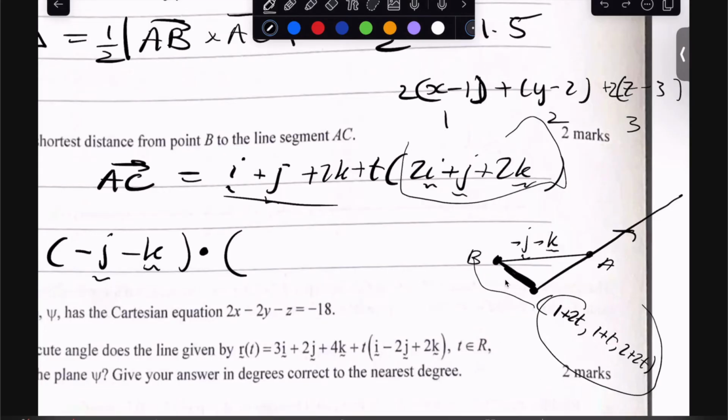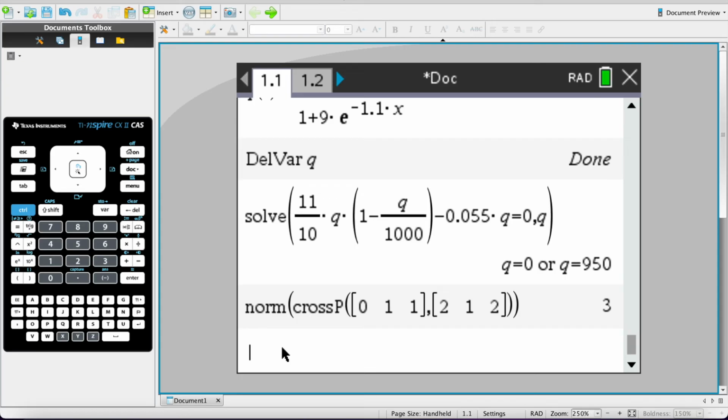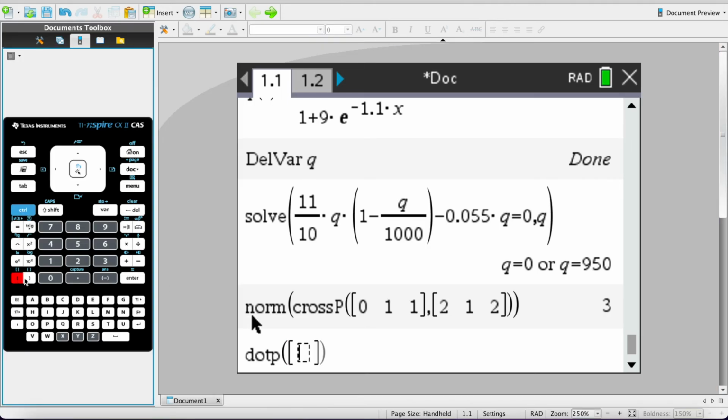So let's just solve on the CAS. Dot P of now it's 1 plus 2t minus B, which is 1, comma 1 plus t minus 2, comma 2 plus 2t minus 3.